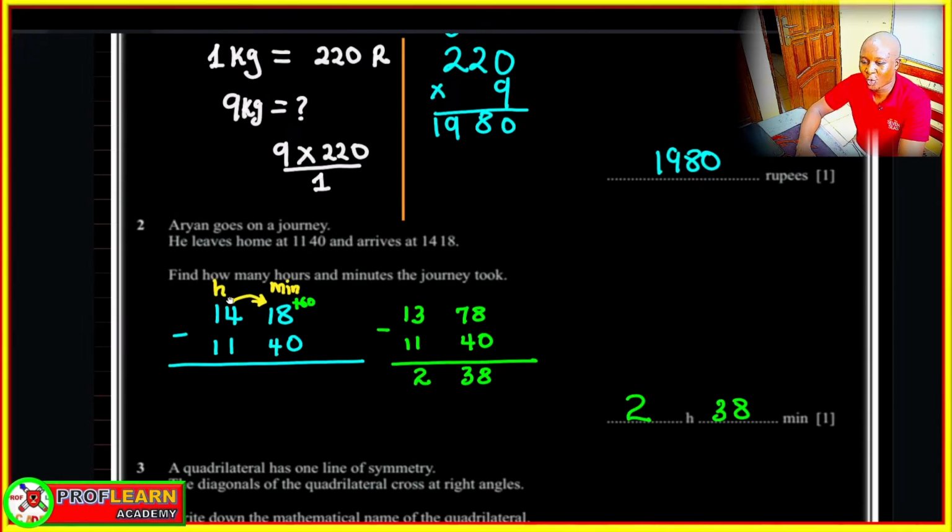So meaning you are going to borrow an hour from the hour section, then you will add that 1 hour, which equals 60 minutes, plus 18, you get 78. Then when you borrowed 1, you remained with 13. Then from here, you can comfortably subtract.